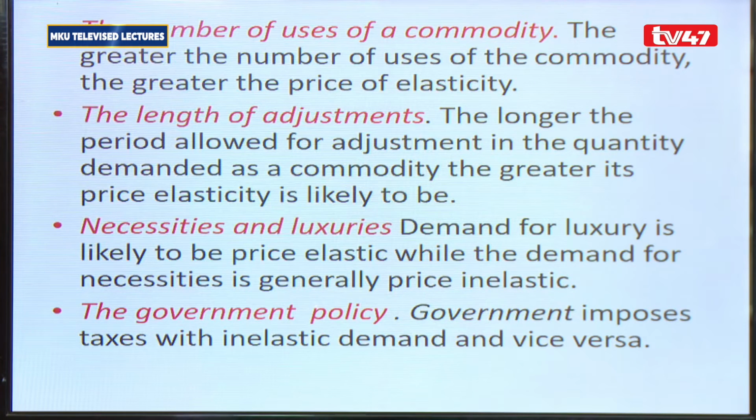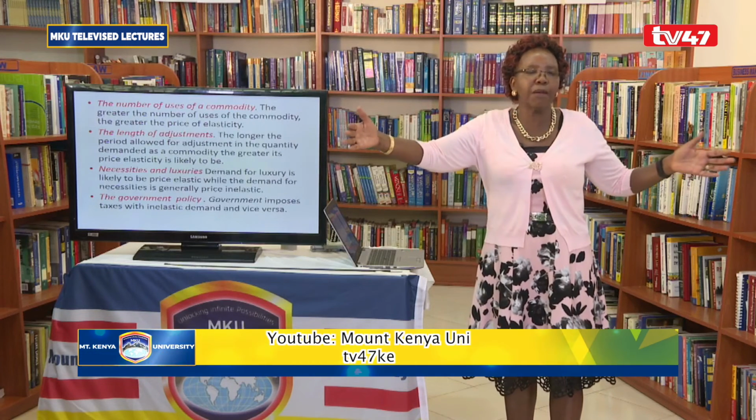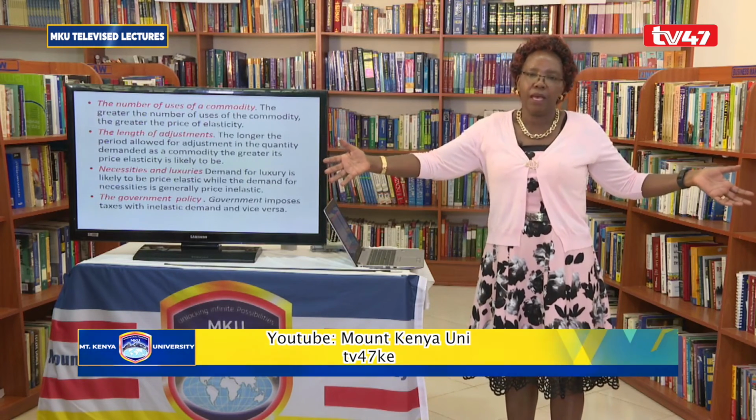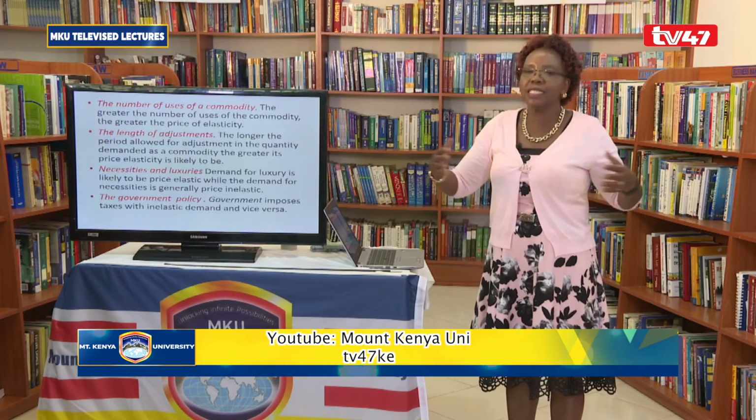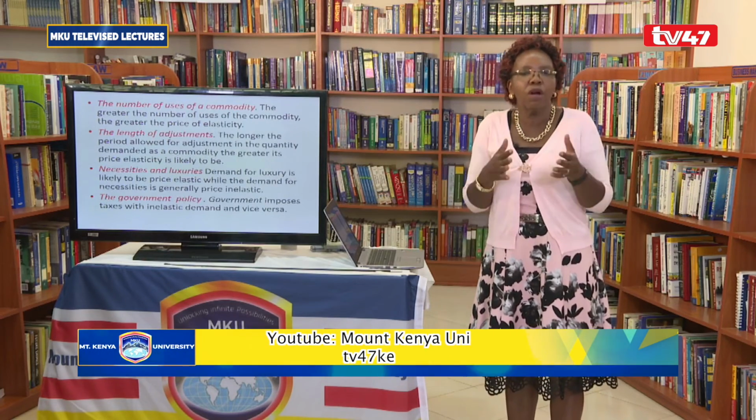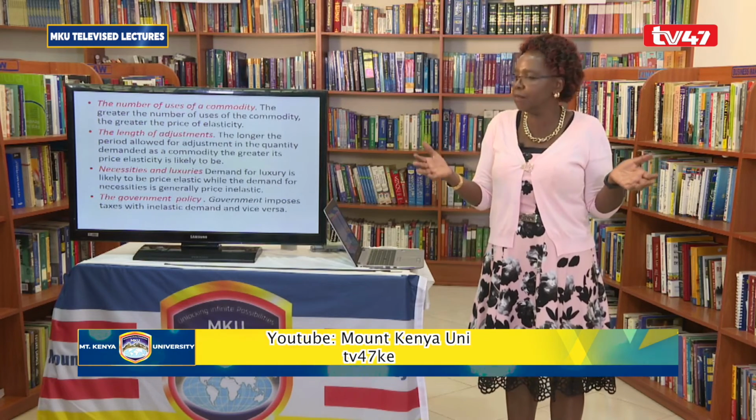What about the length of adjustment, if I'm given time to adjust? For example, let's look at a situation where the price of bread moves from 40 maybe to 45 to 50 over a period of time, let's say 1 year. I will experience inelastic demand. It will not bother me.